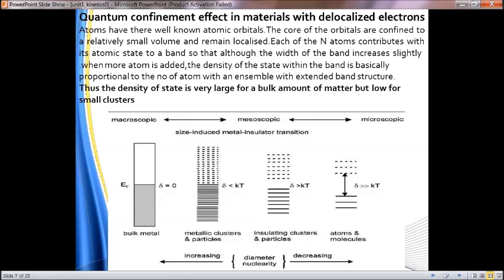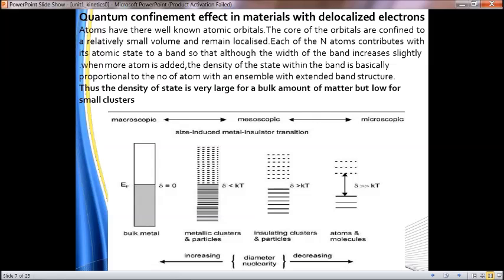Based on the number of atoms we are using, we segregate as macroscopic, mesoscopic and microscopic. So these microscopic systems have atoms and molecules which have lesser confinement, and insulators and clusters are mesoscopic.